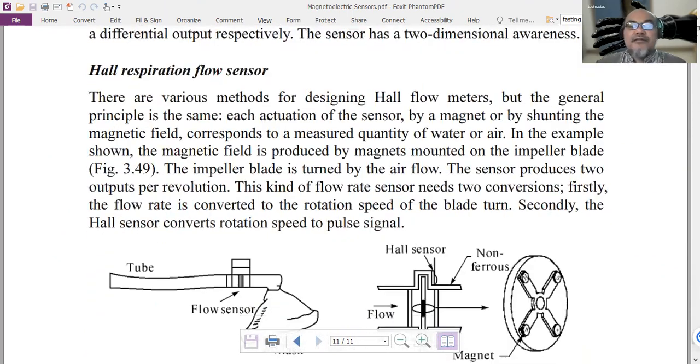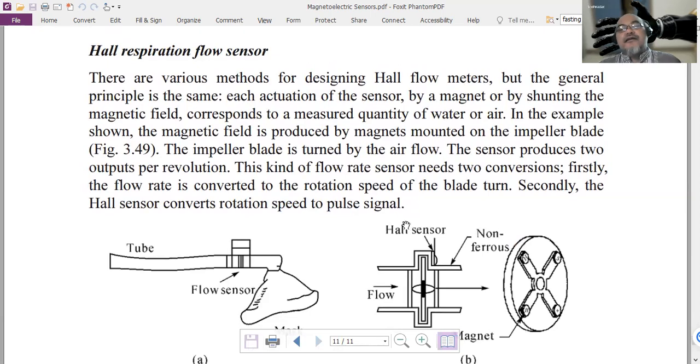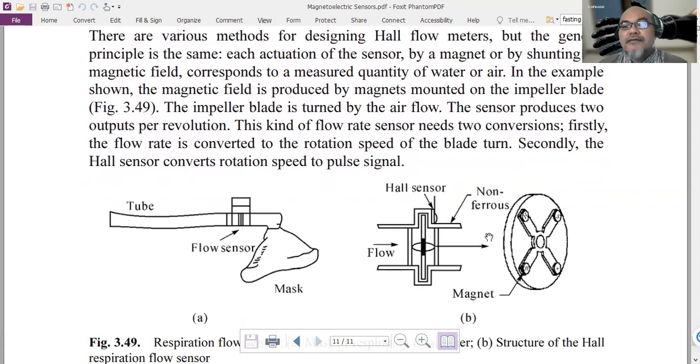This, for example, can then be used in a flow sensor, a Hall effect respiration flow sensor, using a magnet or shunting the magnetic field to measure the quantity of water or air flowing through. So we have here the Hall sensor, and the magnet field here at the perimeter of the flow vessel.